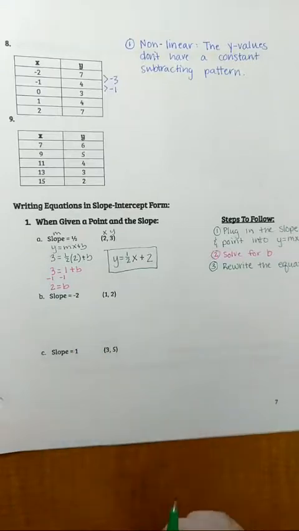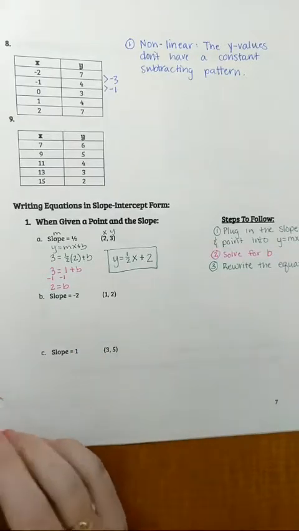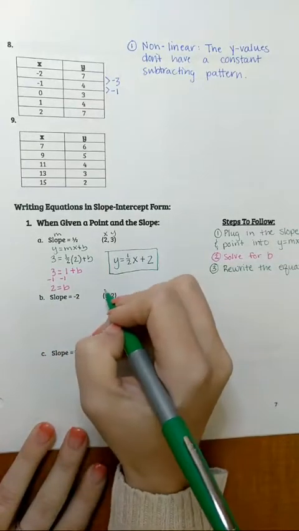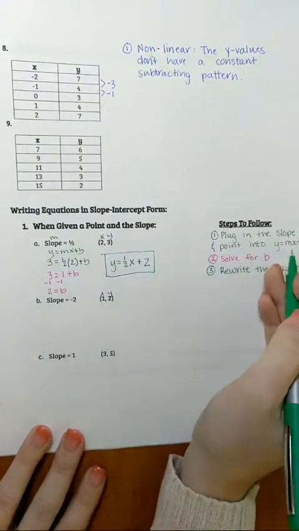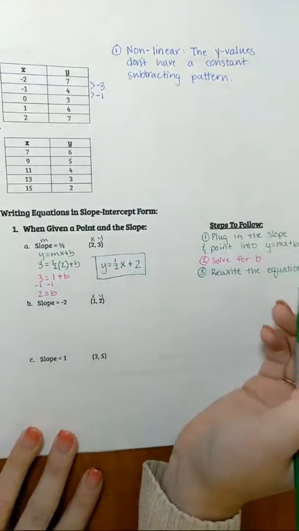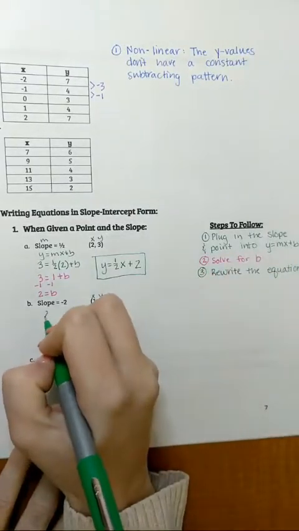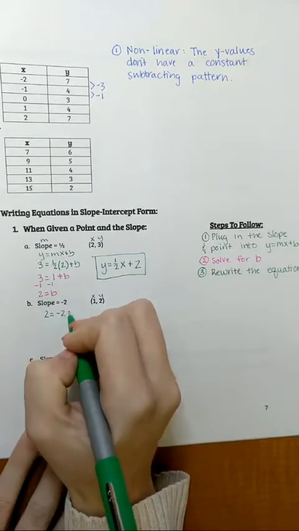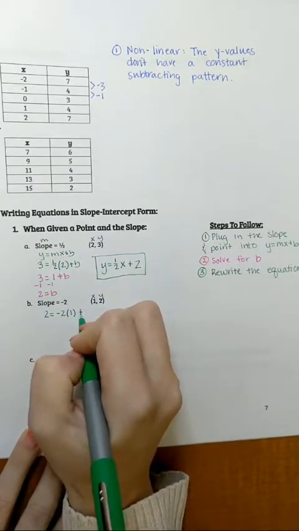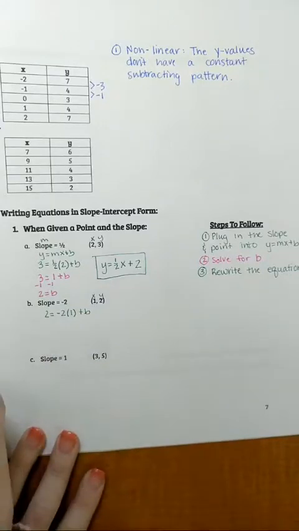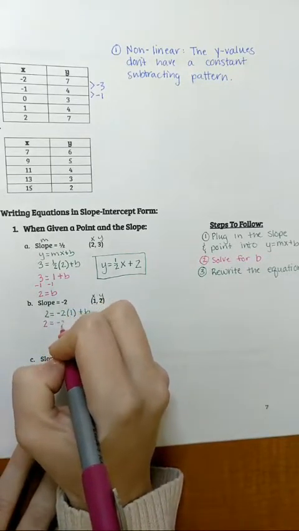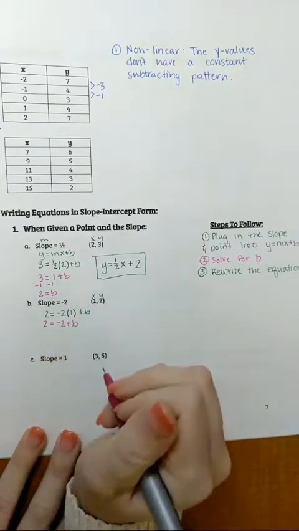Okay, so if we do that again, we are going to rewrite this into our slope-intercept equation. So 2 equals our m, which is -2, times our x plus b. So 2 equals -2 plus b.